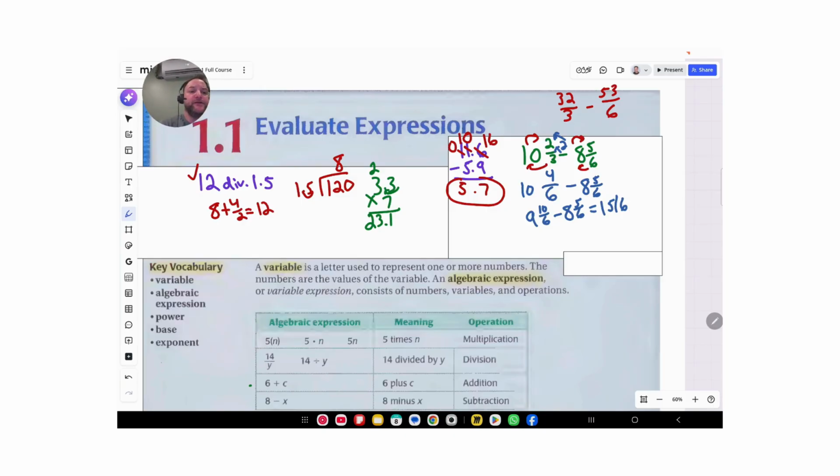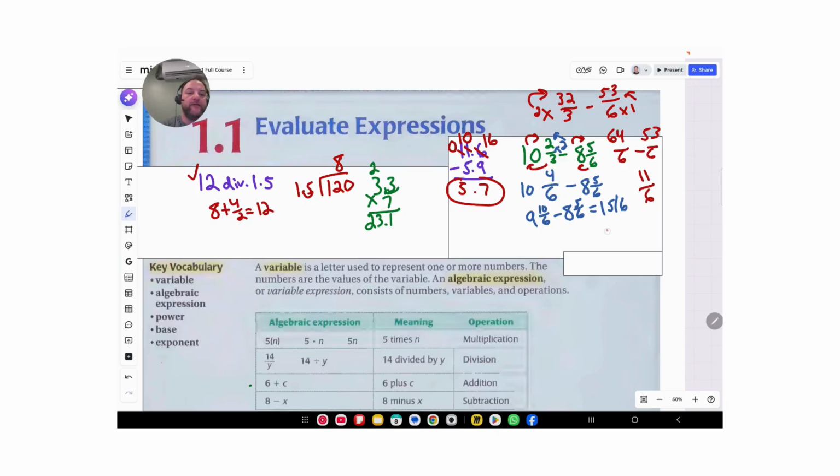And we still are looking at using 6 as a common denominator. 3 times 2, 2 times 32 is 64. 6 times 1, 1 times 53 is 53. Now we're at 64 minus 53. That's only 11, right? 11 sixths.